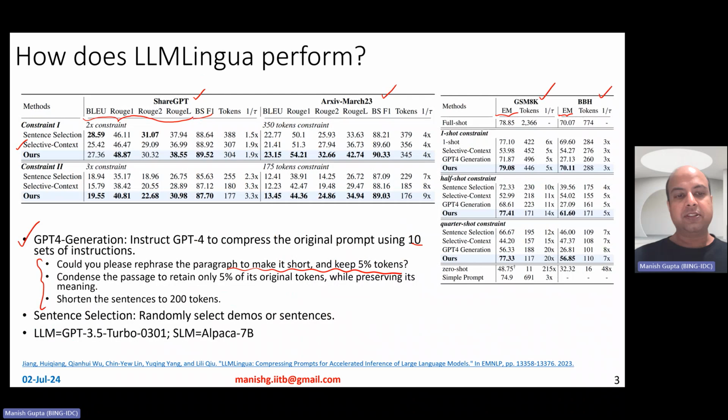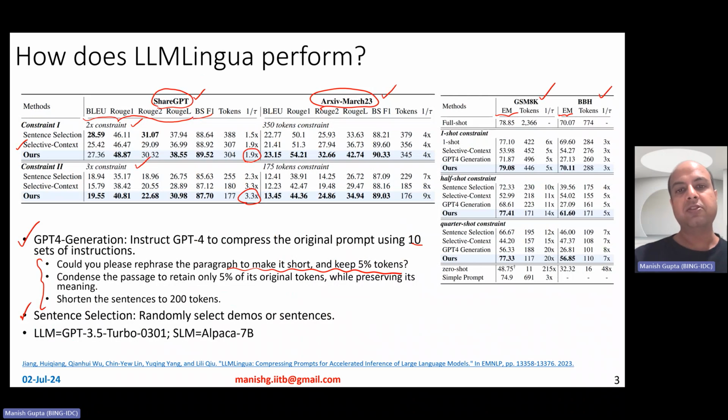Okay. And then the third baseline is the sentence selection baseline. You randomly select demonstration examples or randomly select sentences in that sense. Okay. So now, let's look at the ShareGPT results and the Archive March 23 results. They've been reported under 2 constraints, 2x constraint and 3x constraint, where you basically expect the method to reduce the prompt by 2 times or 3 times.